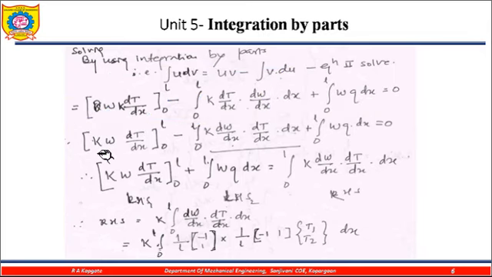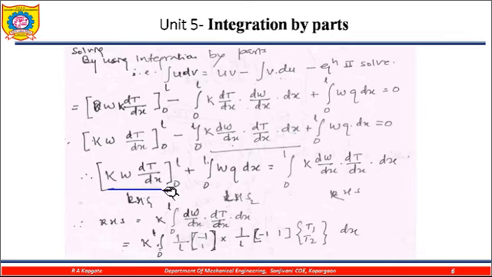By perfectly manipulating this one, kw into dt by dx from 0 to L, minus integral from 0 to L of k into dw upon dx, dt by dx into dx. Plus, this is the another term.